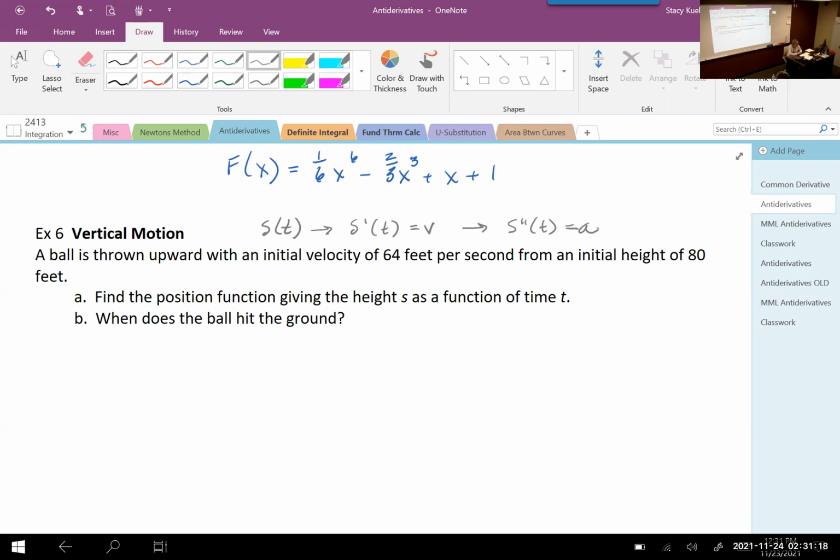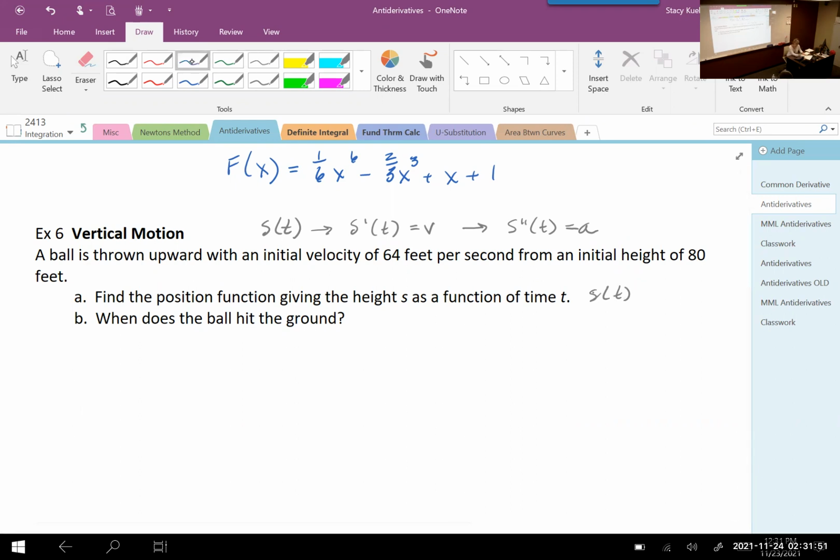So the first thing that we want to know is the ball is thrown upward at an initial velocity of 64 feet per second. And I'm asked to find the position function as a function of time. In other words, I want to figure out what the position function is. That's what I'm looking for in this first question. I want to find S sub t.